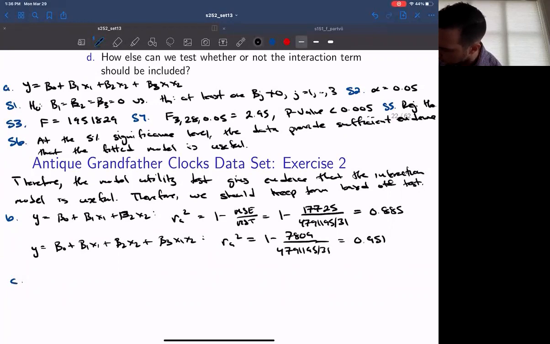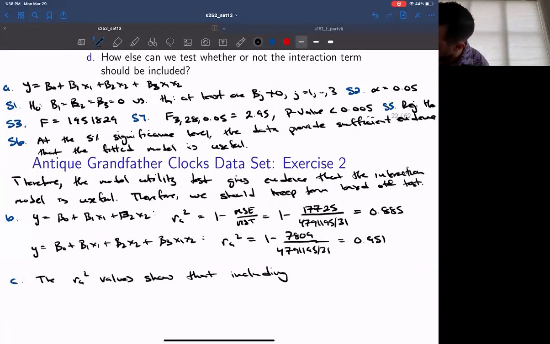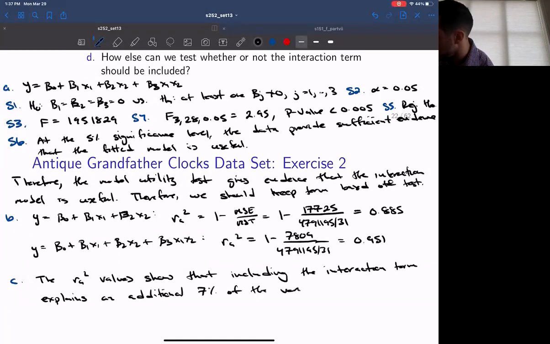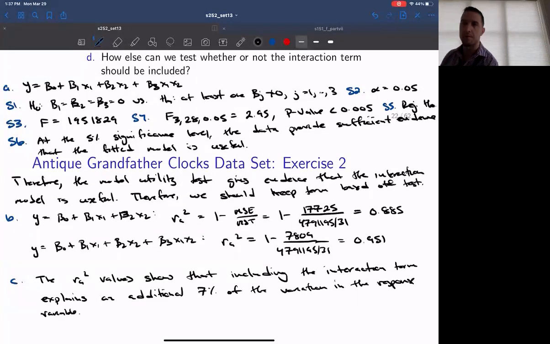All right, so the R squared adjusted values show that including the interaction term explains an additional 7% of the variation in the response variable, right?